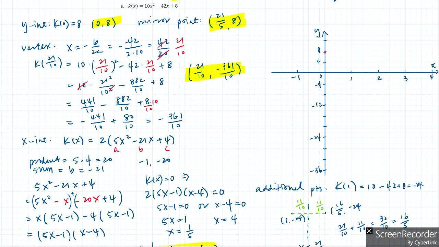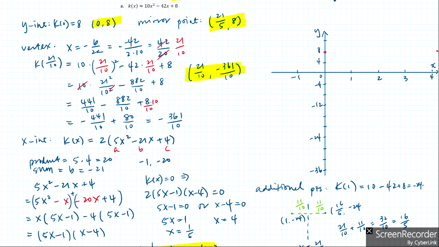(0, 8) is the first point. 21 over 5 is 21 boxes to the right of the origin based on how I scaled things, so it should be right on the edge of this screen, right over here, so along this line, and 8. And then we can find the vertex.